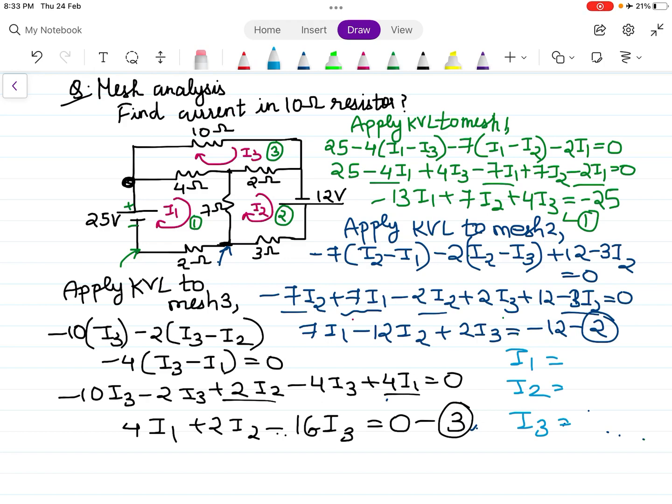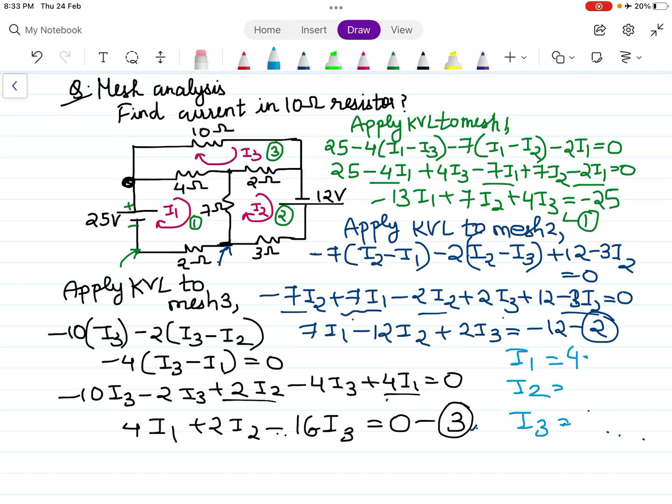So you will get minus 13 I1, 7 I2, then you have 4 I3, then you have minus 25, then 7 minus 12, 2 minus 12, 4, 2 minus 16, 0.